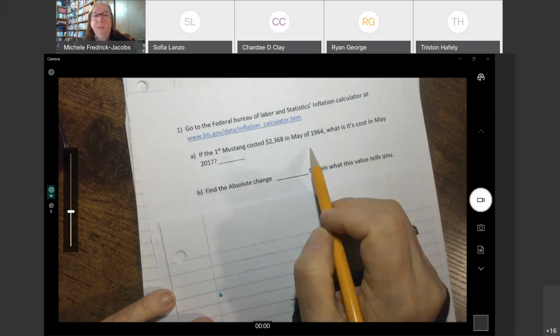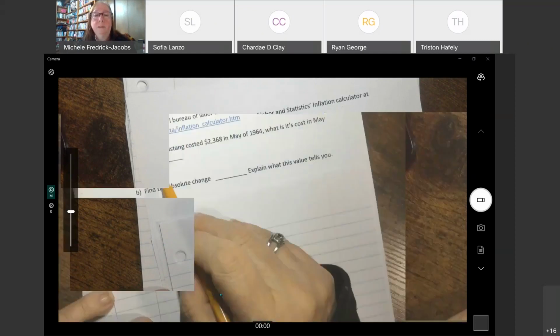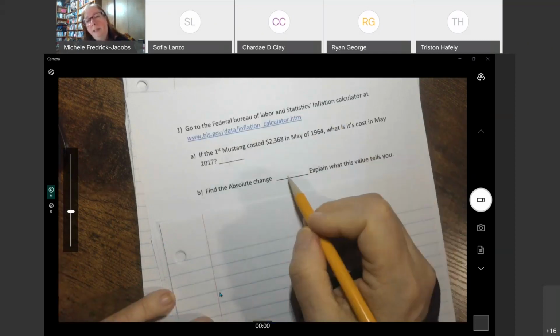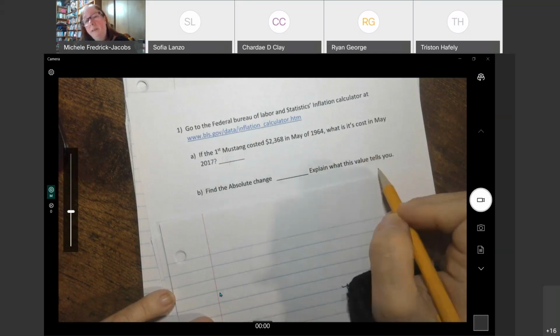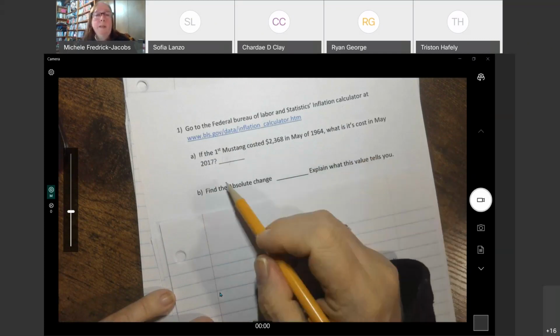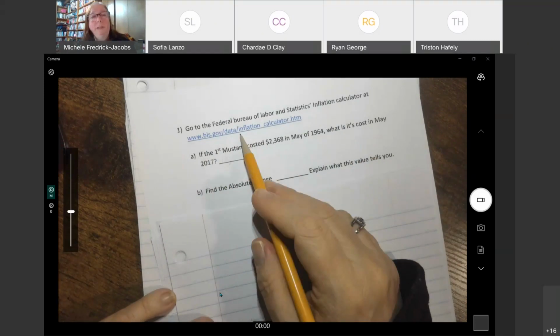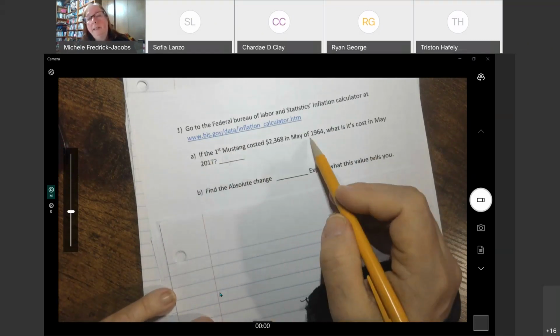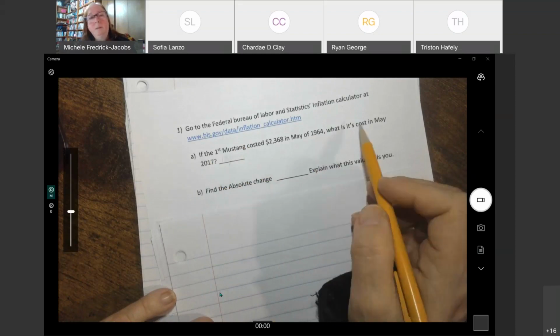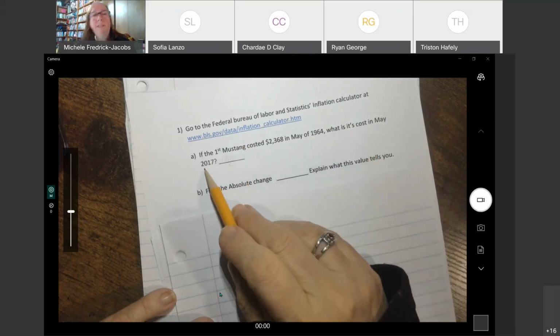Notice there's a blank, so you wouldn't have to write a sentence for this one. Now, absolute change, I have a blank, but then I felt to explain what it tells you, then you're writing your sentence. Okay, so first we go to the inflation calculator. We're going to use 2,368 for May of 1964 and find out what it cost in May of 2017.